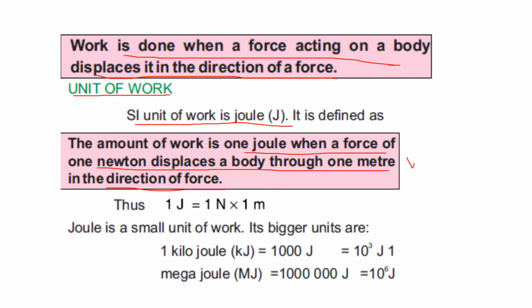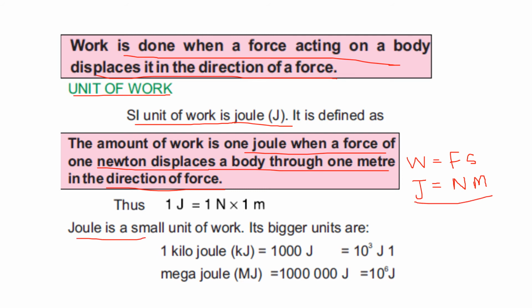As we see, W is equal to Fs, right? If a force of 1 Newton is applied on a body, and the body covers a distance of 1 meter, then we can say that 1 Newton meter is equal to 1 joule. So work is measured in the unit joule, and joule is equal to Newton meter.